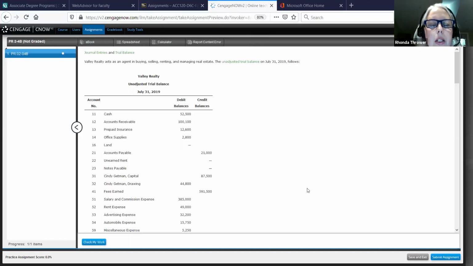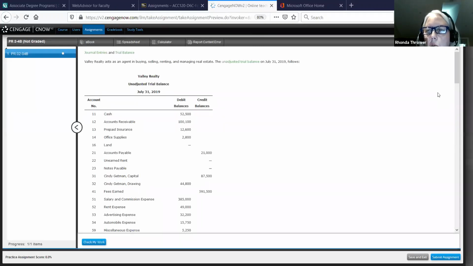What we're going to be looking at today is problem 2-4B. In problem 2-4B, we're going to be the Valley Realty Company. They have been in business for a while, so they've already got an unadjusted trial balance that was prepared on July 31st.